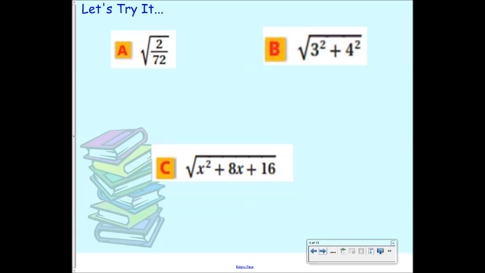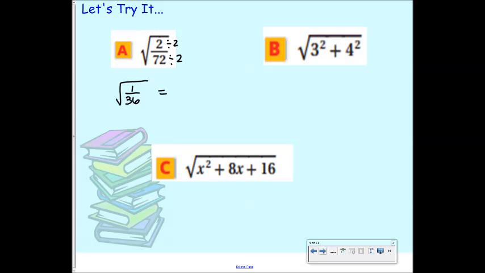All right. Take a look at A. What's going on in A? The radicand has a fraction. So what can I do with it? Divided by 2. I can reduce the fraction, right? So if I divide that by 2, what does it give me on top? 1 over 36, which now 36 is a perfect square.